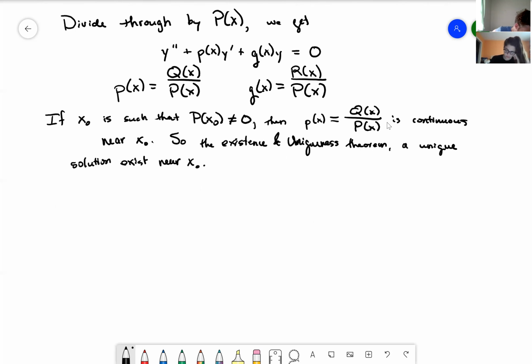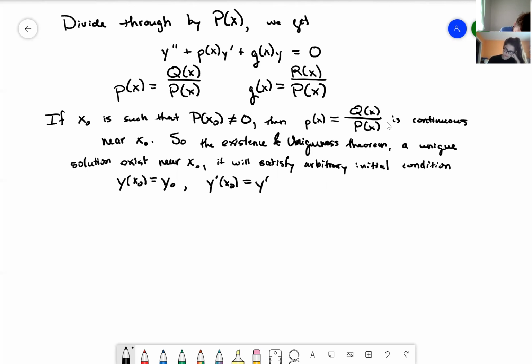So that's the nice thing about an ordinary point, is that we can guarantee that there's a unique solution, and it will satisfy arbitrary initial conditions y of x0 equals y0, y prime of x0 equals y prime 0.